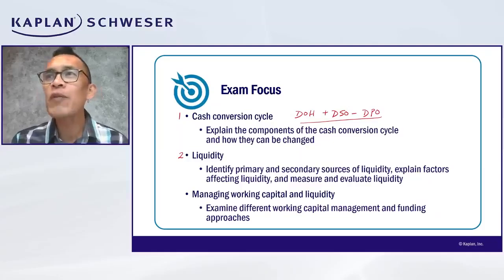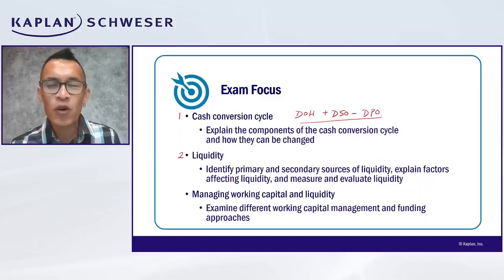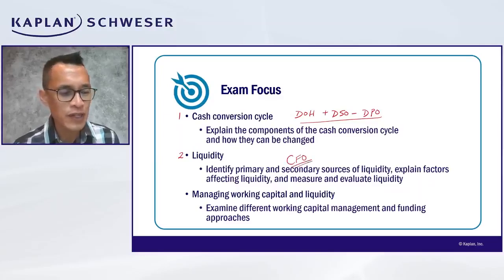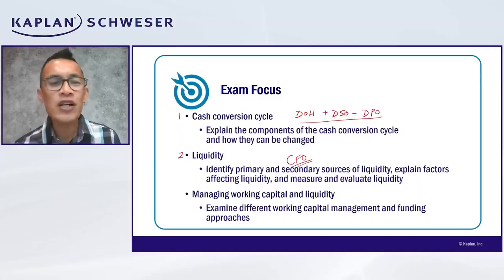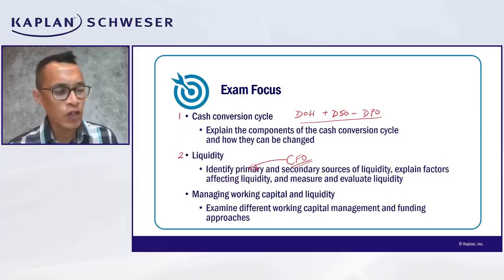For most companies, the long-term and primary source of liquidity is going to be cash flow from operations, abbreviated as CFO. Secondary sources of liquidity are usually drawn upon more in emergency situations, and they can be quite costly. So you want to be able to generate the cash flow from within your operations.